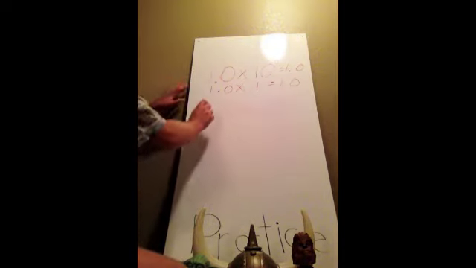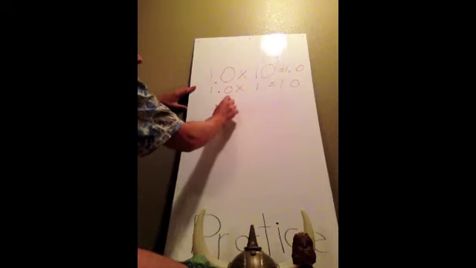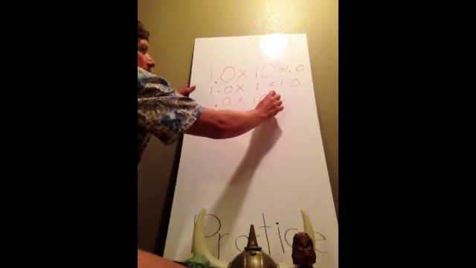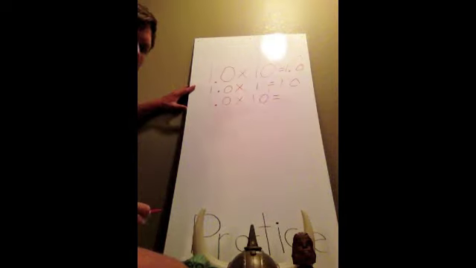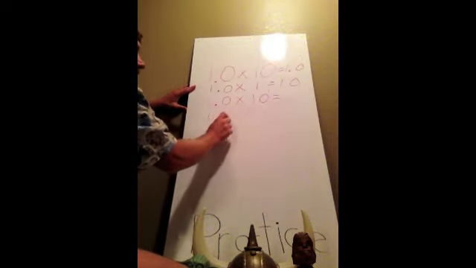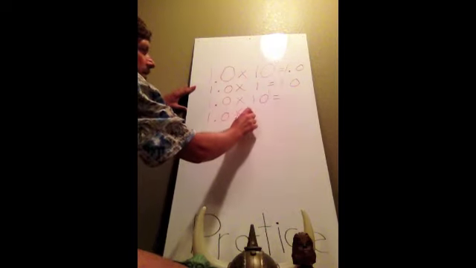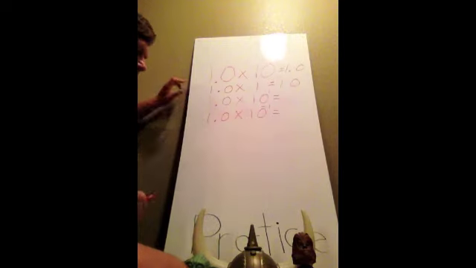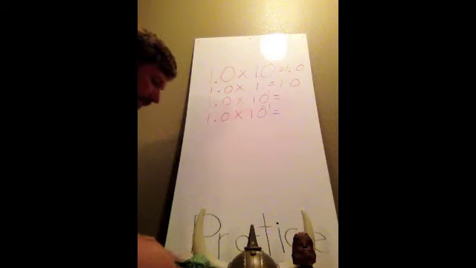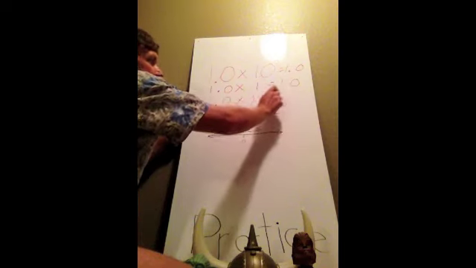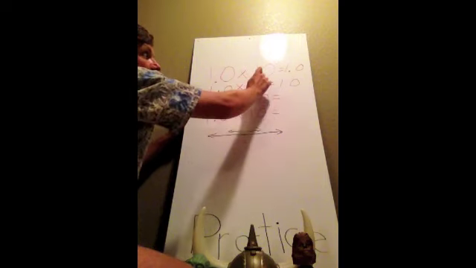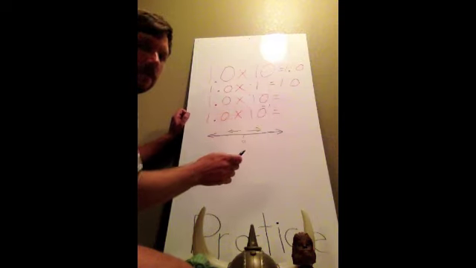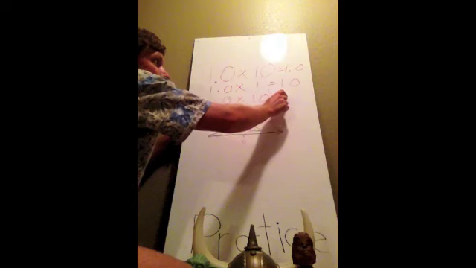So let's think about this. 1.0 times 10 to the 1 equals what? And 1.0 times 10 to the negative 1 equals what? If 10 to the 0 is 1, 10 to the 1 must be, what do you think? 10.